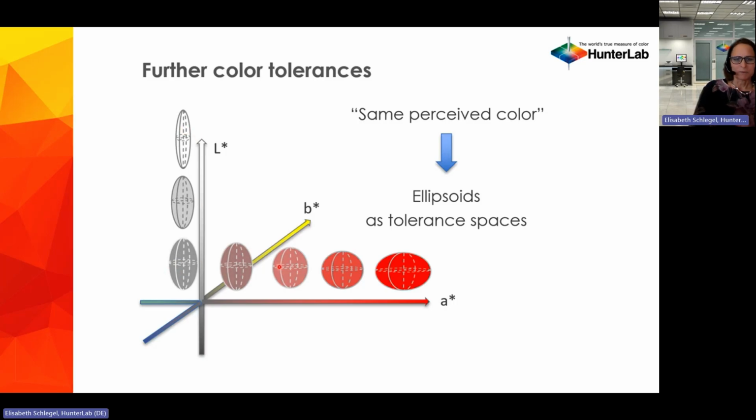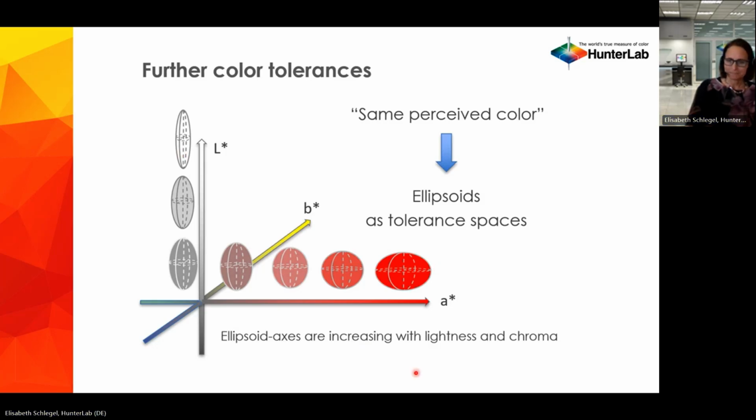And these ellipsoids are getting more and more flattened toward a more saturated color. So that would be the same perceived color in one ellipsoid always. It would be good to have this ellipsoid as a tolerance, because then you can say every color measured in this ellipsoid is perceived as the same color as the standard. And you can say the axes are increasing either with the lightness or with the chroma.